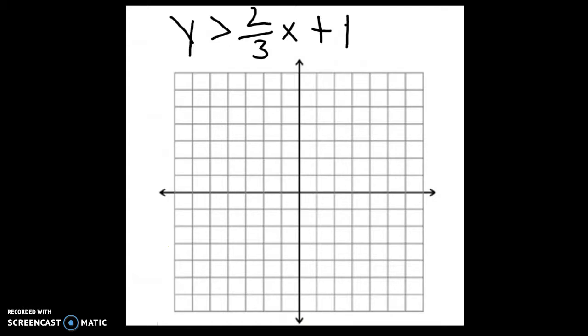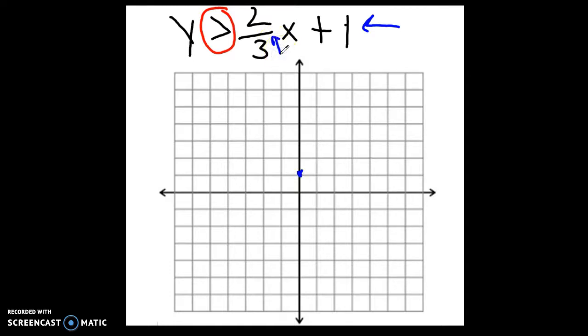So in this example, I have a greater than sign, or the sign is facing the y. So I'm going to start by graphing the y-intercept, and the y-intercept is up here at positive 1. And then I'm going to graph the slope, which is rise over run.